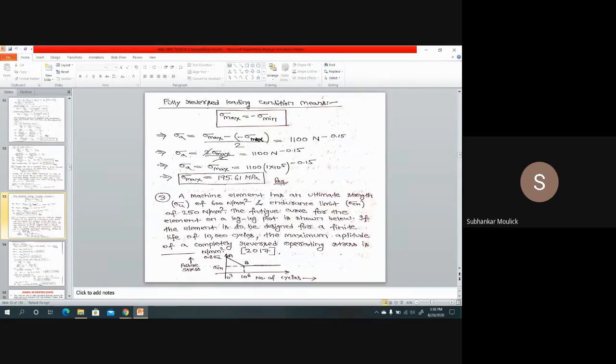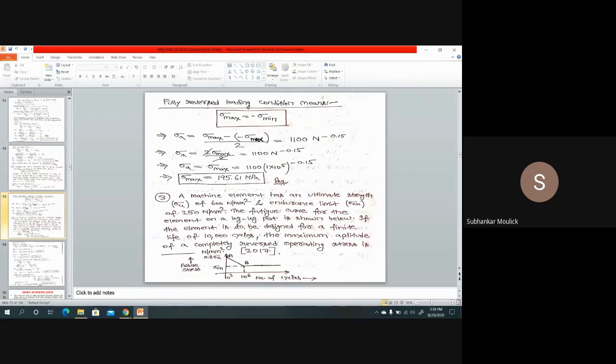Now, I hope you will solve this third problem. Please try to solve this third problem, then I will solve. A machine element has an ultimate strength of 600 Newton per millimeter square and endurance limit, that is sigma En, of 250 Newton per millimeter square.